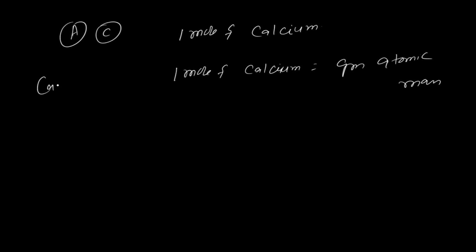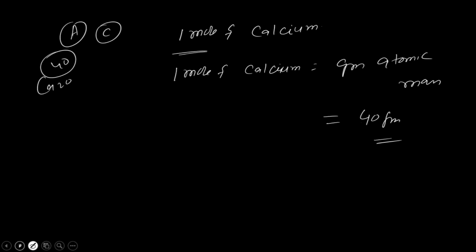Calcium has atomic number 20 and mass 40, so its gram atomic mass is 40 gram. They are asking 1 mole, so 1 mole of calcium will have 40 gram because its atomic mass is 40.